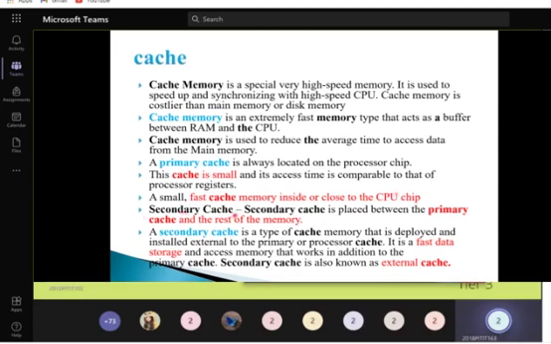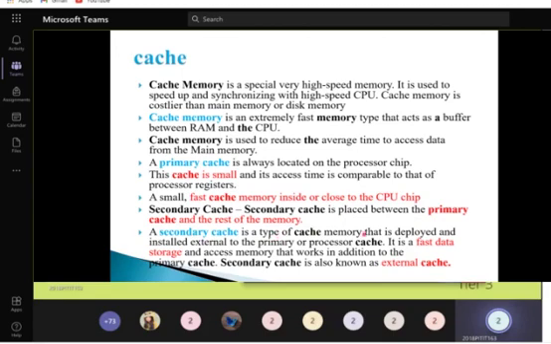And then the secondary cache. So primary cache is close to our CPU chip. When we are considering the secondary cache, it is placed between the primary cache and the rest of the memory.